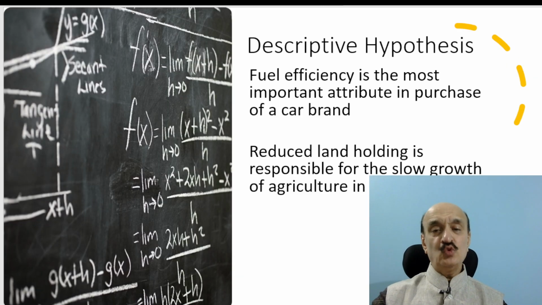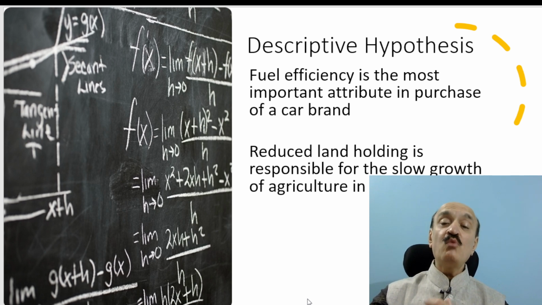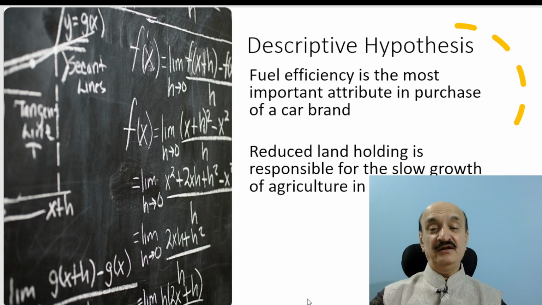Let's take two examples. Fuel efficiency is the most important attribute in purchase of a car. Fuel efficiency is the independent variable and purchase of a car is the dependent variable. This hypothesis is trying to state that fuel efficiency is the most important attribute, so it is describing the relationship between dependent and independent variable.